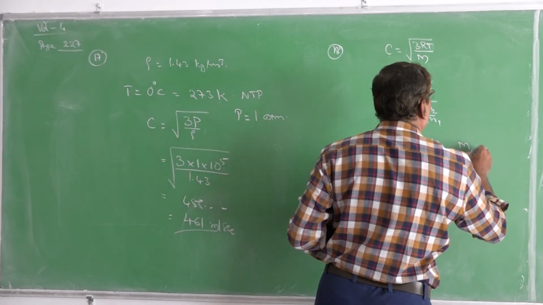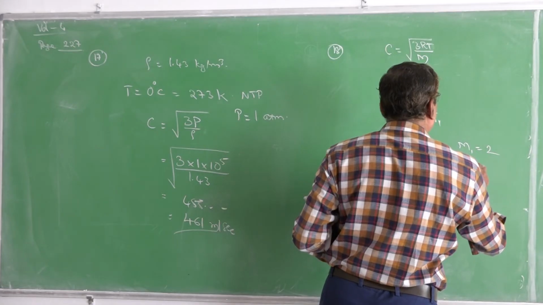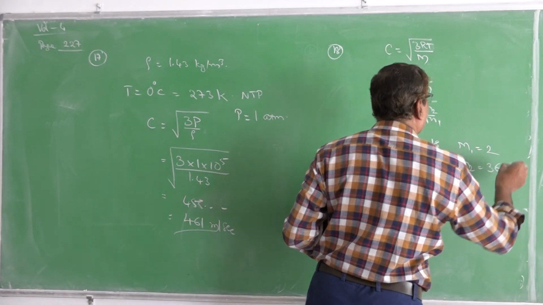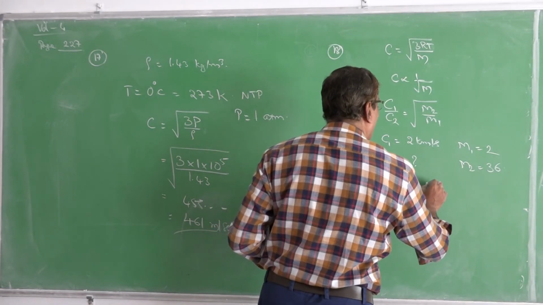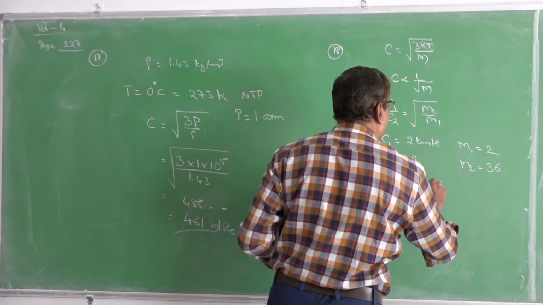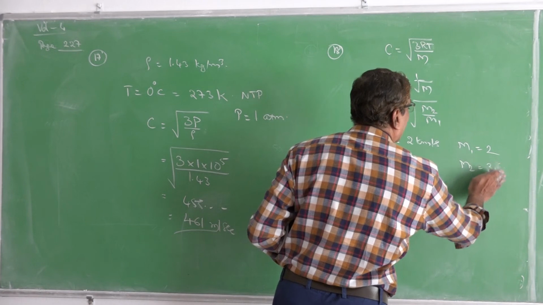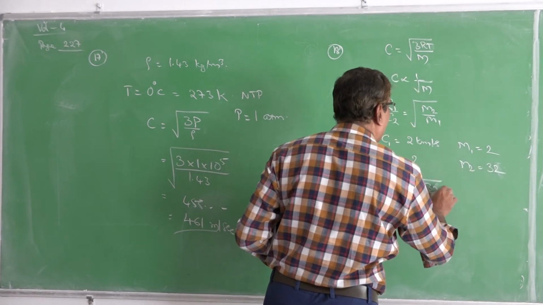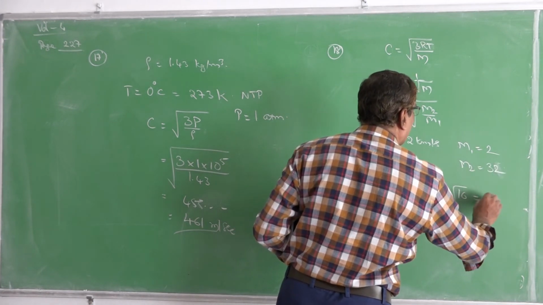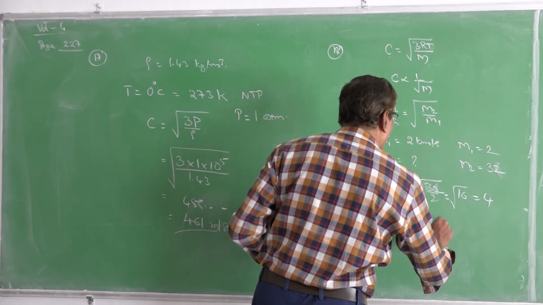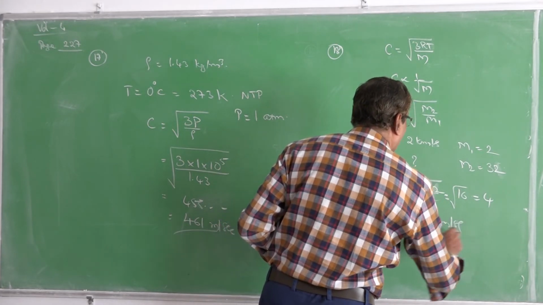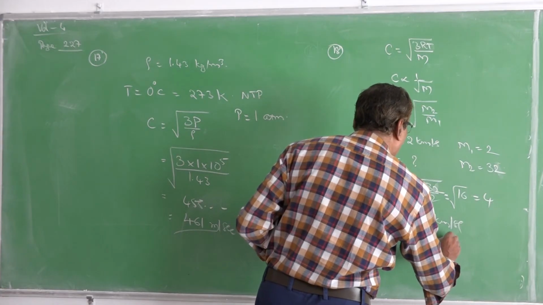So molecular weight of hydrogen is 2 and molecular weight of oxygen is 32. So substituting in this, 2 by C2 is equal to square root of 32 by 2, that is square root of 16, that is 4. So C2 is equal to 2 by 4 kilometer per second, that is 0.5 kilometer per second.